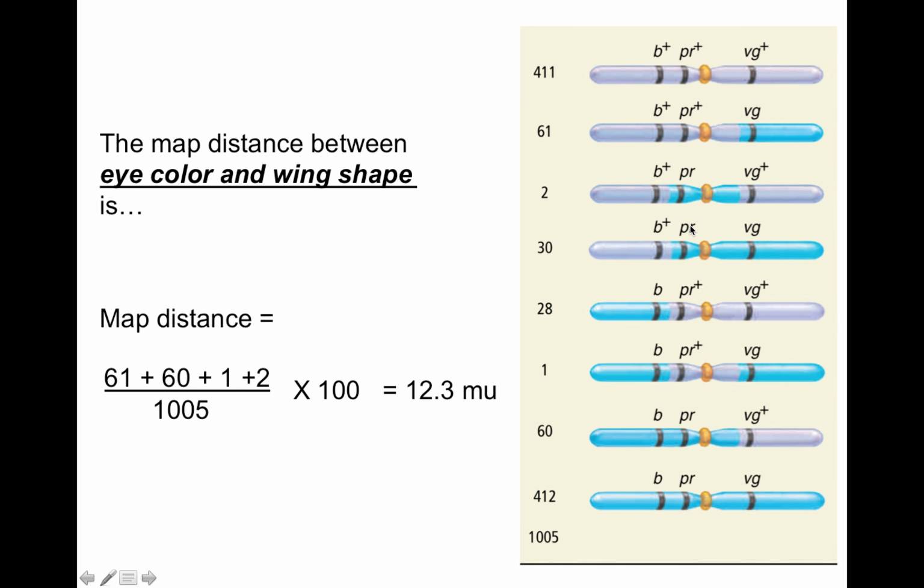These are the same as a parental chromosome. This is also the same as a parental chromosome. This is a different combination than a parental chromosome. And this is also different. So it's 61 plus 60 plus 1 plus 2 divided by 1,005 times 100 equals 12.3 map units. So that's the distance between the purple and the vestigial genes.